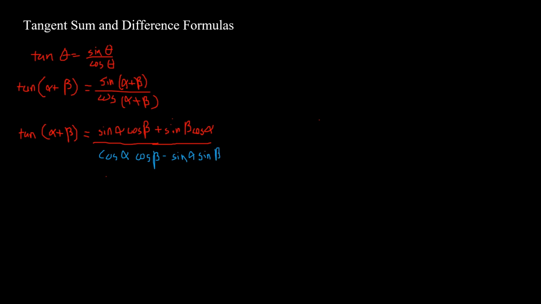Now basically what we can do is we can multiply both the numerator and denominator by 1 over cosine alpha cosine beta. And this is just the same as dividing both the numerator and denominator by cosine alpha cosine beta. Now, because we're basically multiplying by 1, the value doesn't change. So we still know that whatever we get is going to be equivalent to what we got earlier.